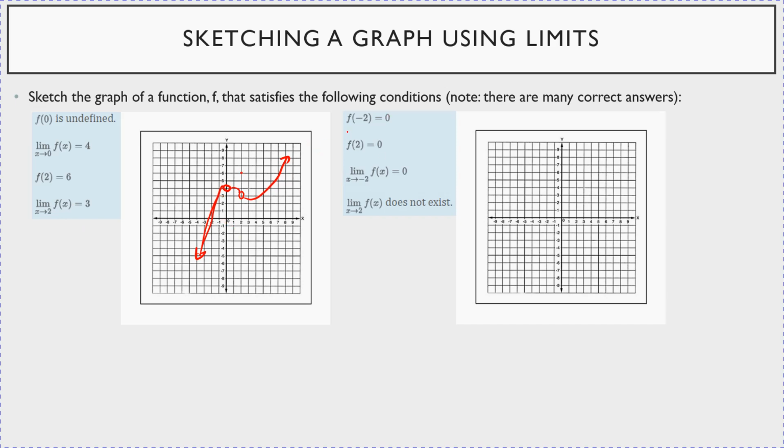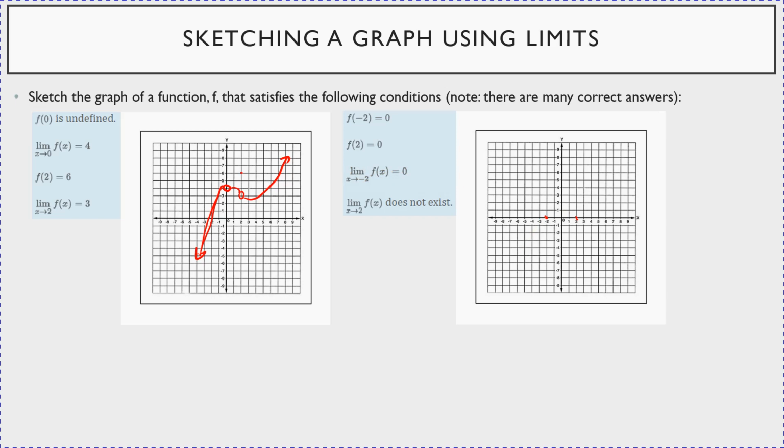All right, so now here's some other ones. f of -2 is 0. f of 2 is also 0, so I know that those have to be two points on it. The limit as x goes to -2 has to be equal to 0. That's great.